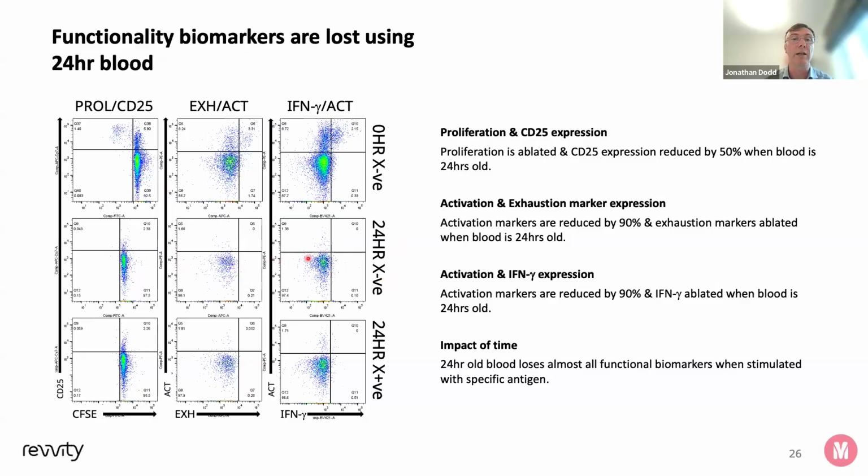They were all largely ablated on the dot plots. And surprisingly, when we added T-cell Extend to try and protect these cells after 24 hours, we saw no rescue in the profile that we observed in the fresh cells. Again, confirming that 24-hour-old blood loses almost all of its functional biomarker expression on the flow cytometric platform.